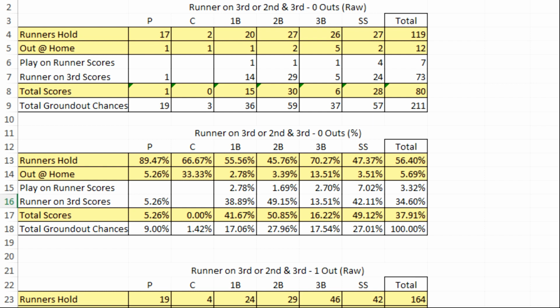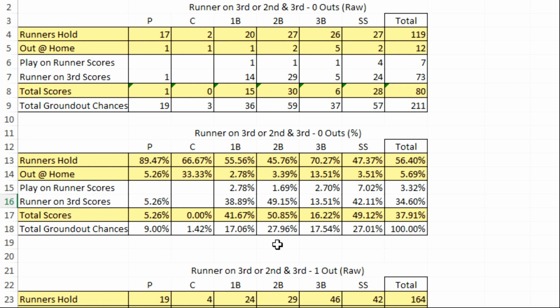So this top one we'll look at is with no outs, and we see there were 211 total ground out chances or plays with a runner on third or second and third with no outs in all of last season. And you kind of see the distribution there.